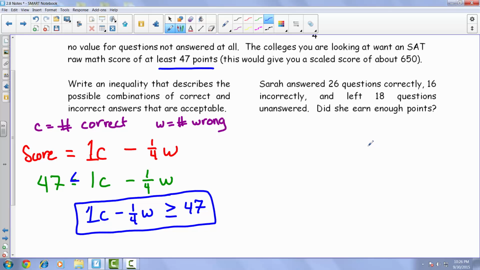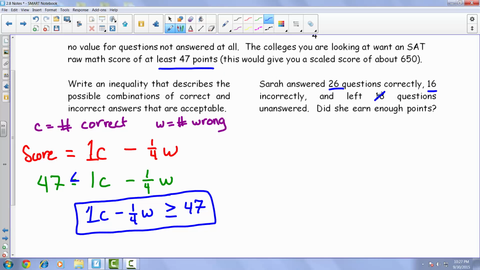Now suppose that Sarah answered 26 problems correctly, 16 problems incorrectly, and left 18 unanswered. Did she score enough? Well, pretty much all we have to do is take the number that she got correct, 26, throw it in for C. Take the number that were incorrect, 16, throw them in for W. The 18 is actually factored into the exam and with the amount of points that she's looking for.